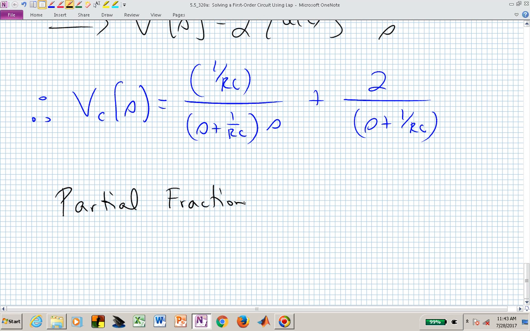The second term looks fine, but the first term now has a second order denominator, it has a constant numerator, it's strictly proper, so we can immediately start finding the partial fraction expansion of that first piece.